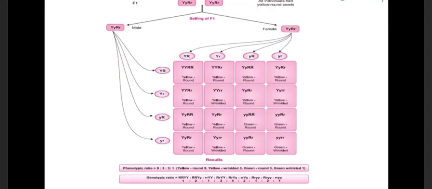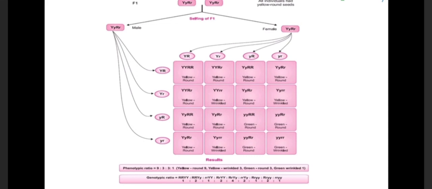Next we do the crossing between the male and female individuals of the F1 generation. After selfing between the individuals of the F1 generation, we get four types of combinations in the F2 generation: 9 round yellow plants, 3 wrinkled yellow plants, 3 round green plants, and 1 wrinkled green plant.